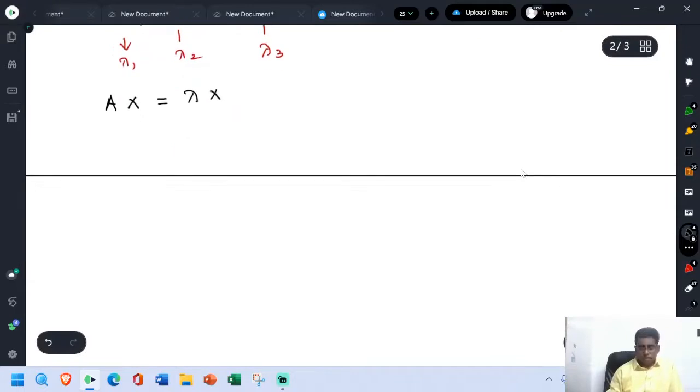First we put in the value for x1, that is A into x1 equal to lambda 1 into x1. We assume x1 is equal to x1, x2, x3.